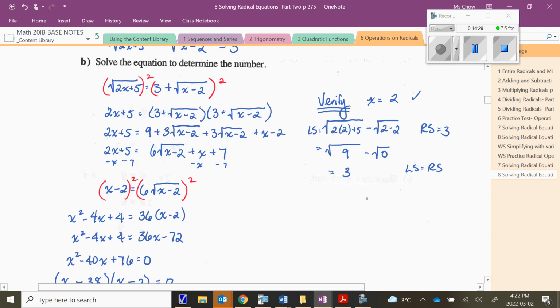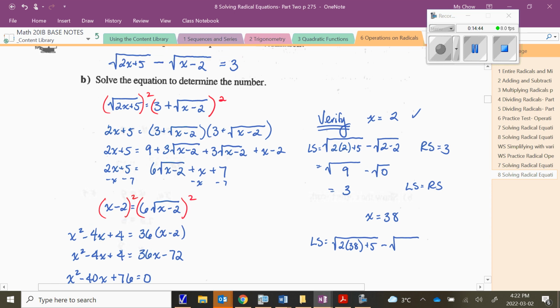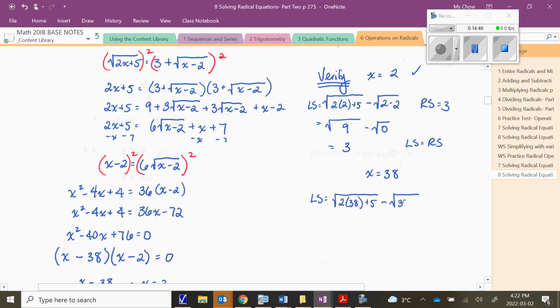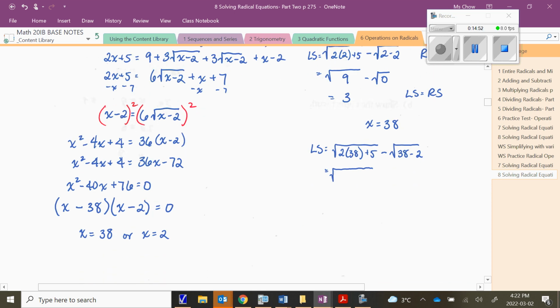So let's verify x equals 38. So the left side is the square root of 2 times 38 plus 5 minus the square root of x, so 38 minus 2. And I hope you're noticing as we're going through these verifications that everything has a really nice way of working out.